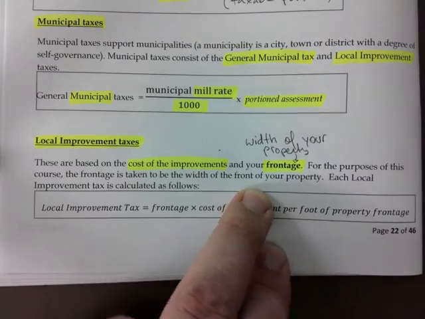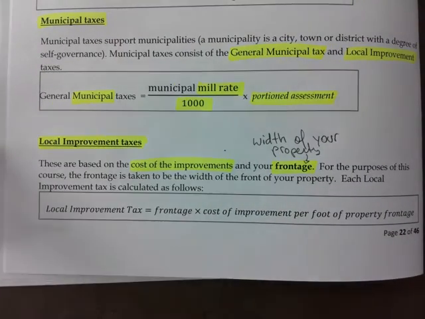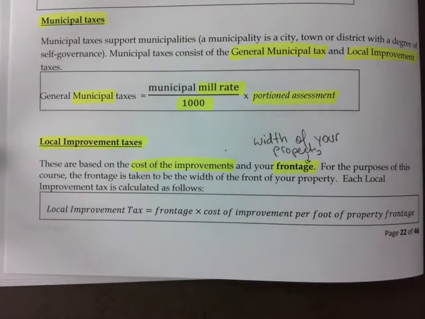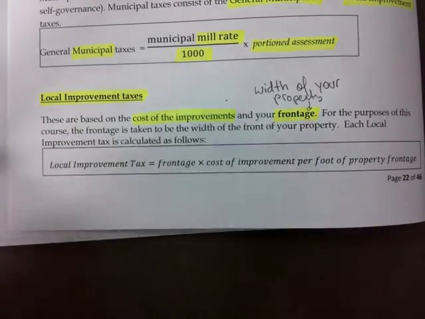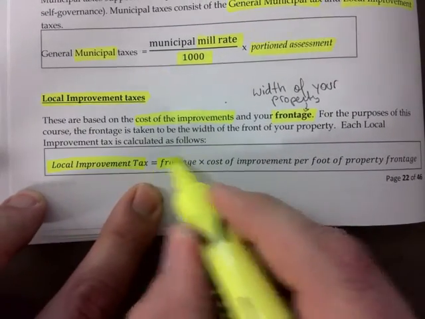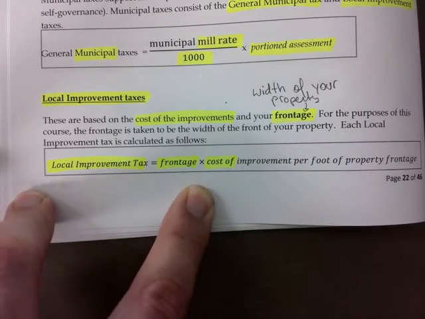So the wider your property from end to end, like from fence to fence, the more you're going to pay for street improvements. So if you get to a neighborhood where you have narrow lots, when there are improvements in the area, you don't pay as much because you take up less space, right? So that's the reasoning behind it. Local improvement tax is the frontage times the cost.